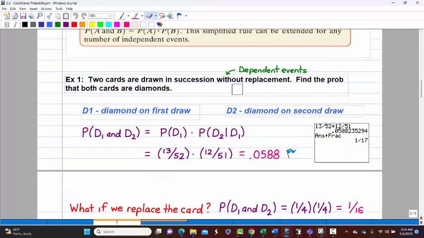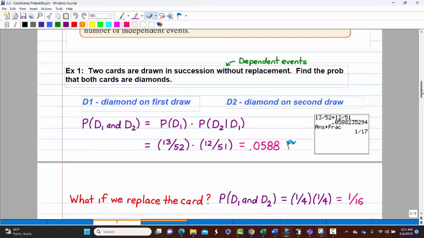Now, dependent events here for sure if you're not replacing the card. 2 cards drawn in succession without replacement. What is the probability that both cards are diamonds? Okay, so I'm labeling this as diamond on the first draw, diamond on the second draw. All right, probability of a diamond on the first draw would be 13 out of 52.